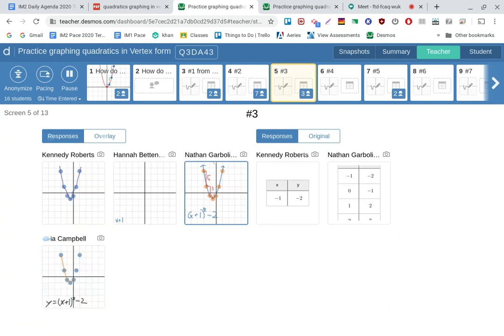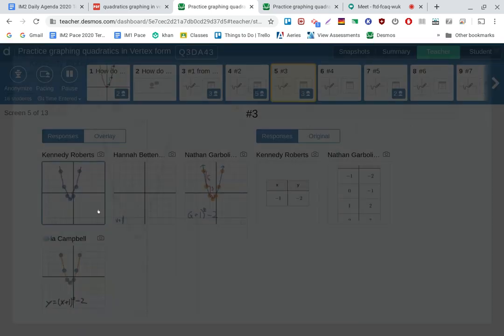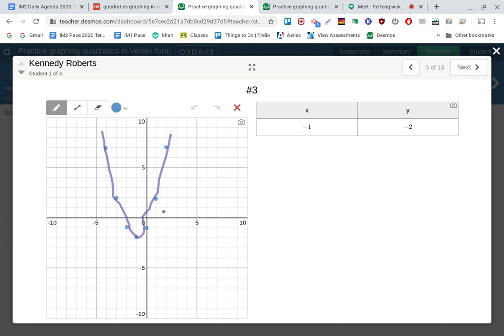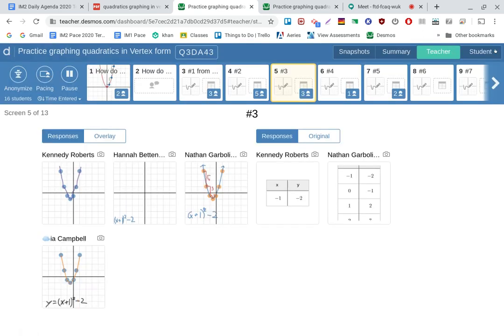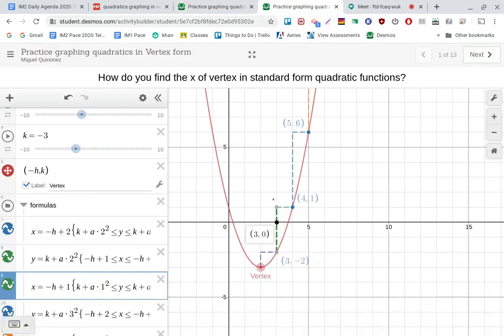All right, Nathan's on that one. Claudia fixed hers. Okay. Kennedy's got that one. So this one, the number 3 went to the left and down. Perfect. How do you determine if the parabola goes up or down? Good question, Hayden. The A value. Hayden, can you look at my graph here?